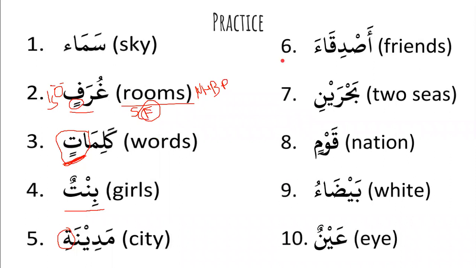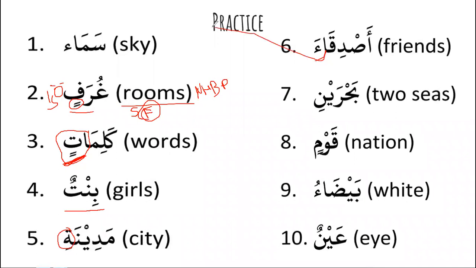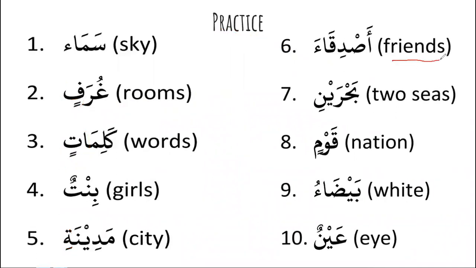Asdiqa'a. Asdiqa'a means friends. And look at the word. It's feminine. Why? Arab never said friends are feminine. It ends with alif, but it's basically a friends word, right? It looks like a singular, so it must be a broken plural.